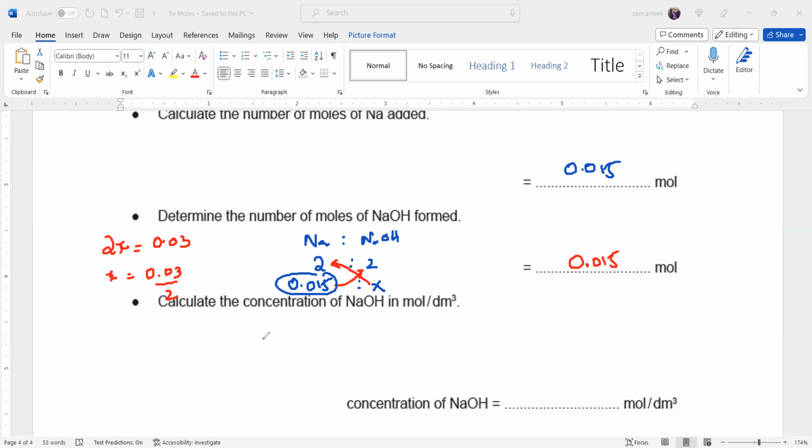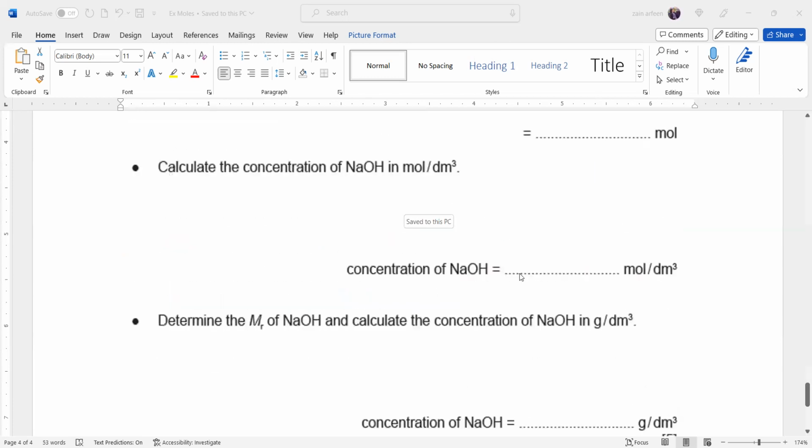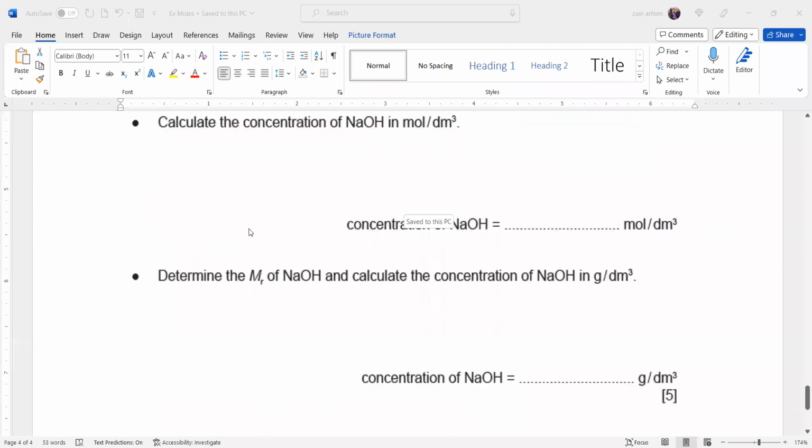The next part, we need the concentration of sodium hydroxide in moles per decimeter cube. So how can we work out the concentration in moles per decimeter cube? We have the moles, 0.015. These are the moles of sodium hydroxide, and the volume of the solution was 50, because sodium is added to 50 cm cube.